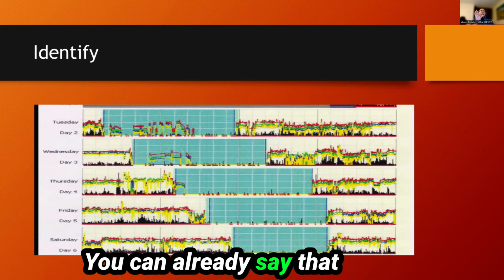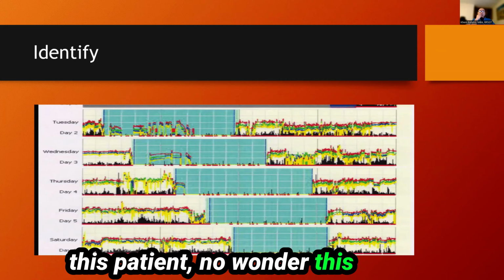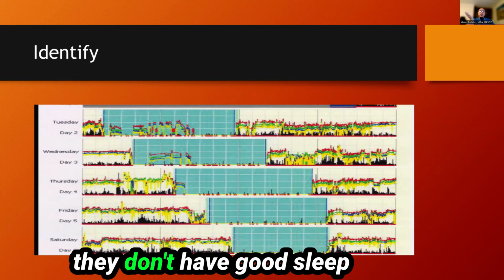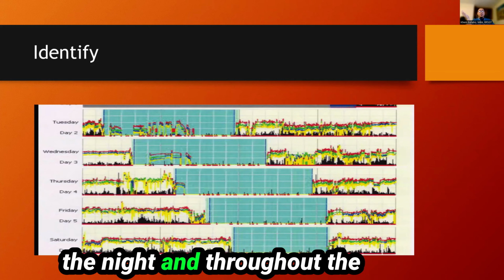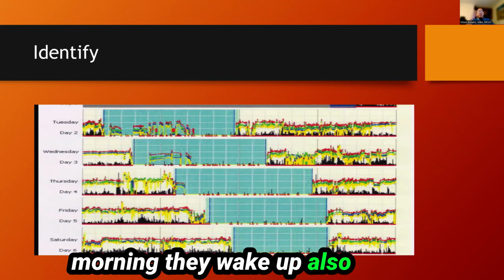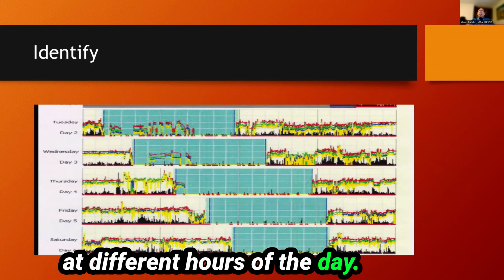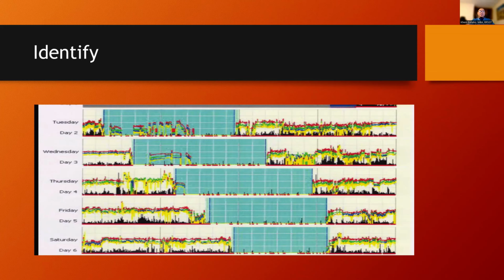You can already say, no wonder this patient has insomnia, because they don't have good sleep hygiene. They go to bed at different hours, and they wake up at different hours of the day. Any question on this?